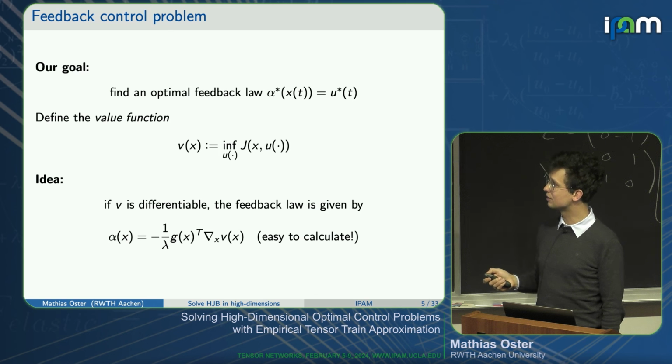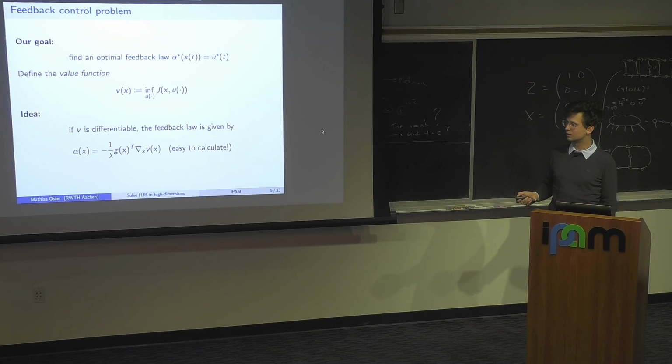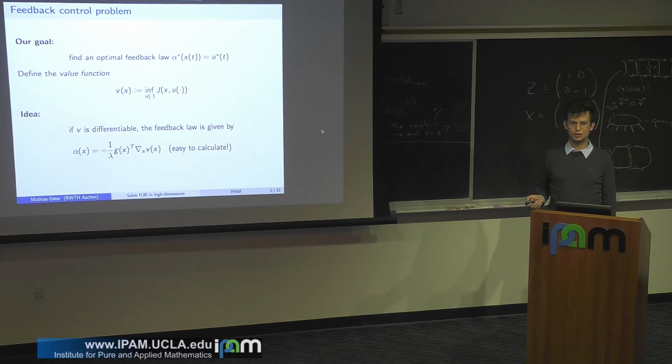And you can recover the state-dependent feedback from this function that maps the initial value x to the optimal costs that I can get given some u in a class, by evaluating this gradient. So if this function happens to be differentiable, then I can get an optimal feedback law by this formula, by evaluating the gradient. The question of when this is differentiable is actually not really answered.